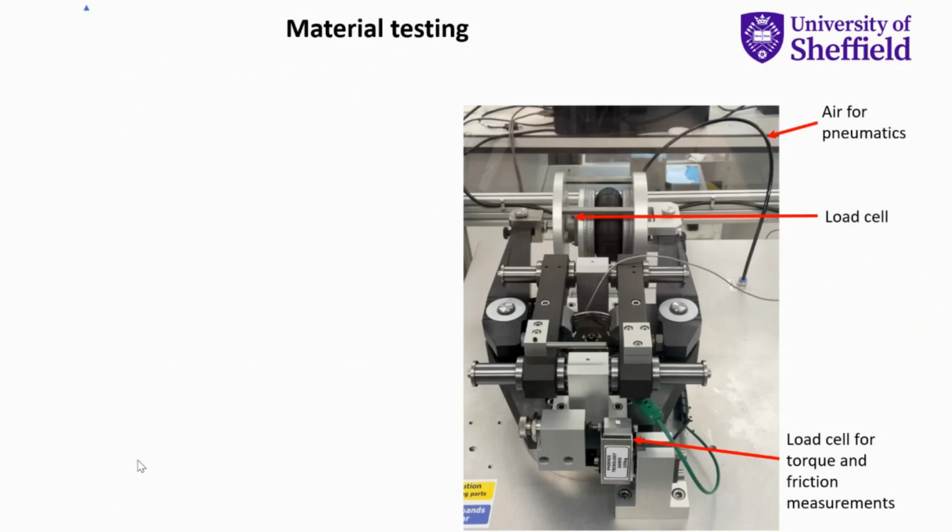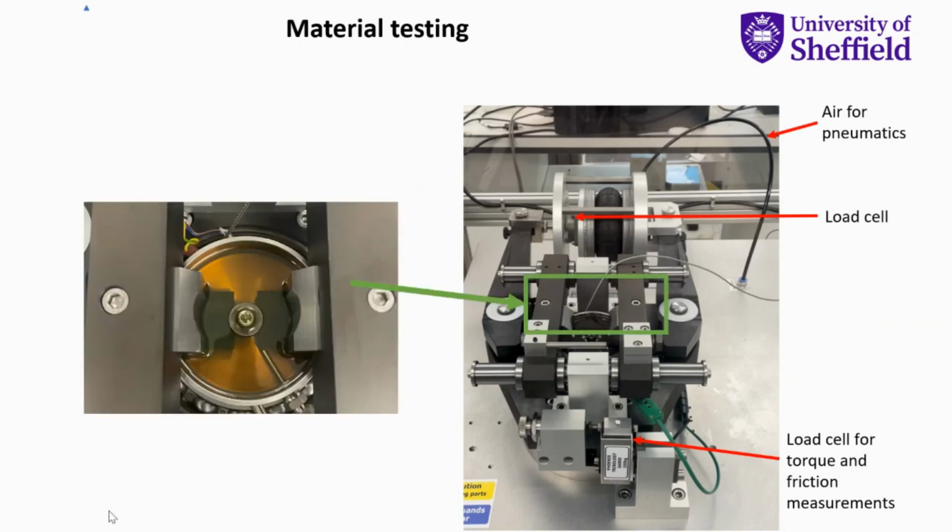So moving on to my platform for material testing, I'm using the Phoenix Tribology tribometer, and this uses pneumatic loading, and the arms load onto a specimen, and I can measure torque for friction measurements at the front there also. Currently I've just been testing with PEEK, and you can see my arrangement here.